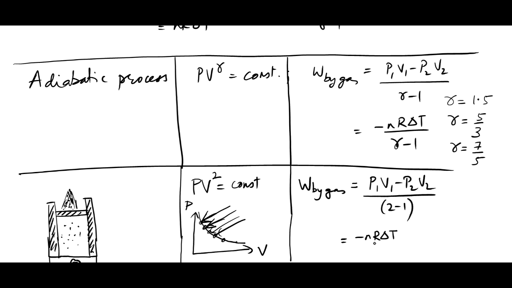Mind you, it's not an isothermal process. It's not an isobaric process where you have a somewhat similar formula, but with the difference in sign. The work done by the gas in an isobaric process is nR delta T, or delta PV, whereas here you've got minus of delta PV. But that's not the point.